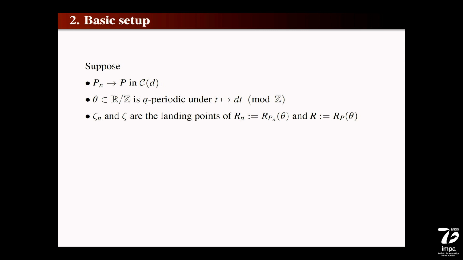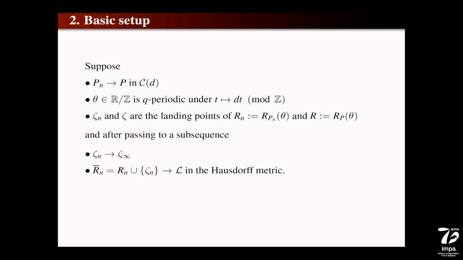I have the rays Rn for the nth polynomial and R for the limiting polynomial, and I'm denoting the landing points by zeta n and zeta. So zeta n is the landing point of Rn, zeta is the landing point of R, and after passing to a subsequence, I can assume that zeta n converges to some limit zeta infinity, which, and that's, as a matter of fact, one of the main points, zeta infinity could be different from zeta.